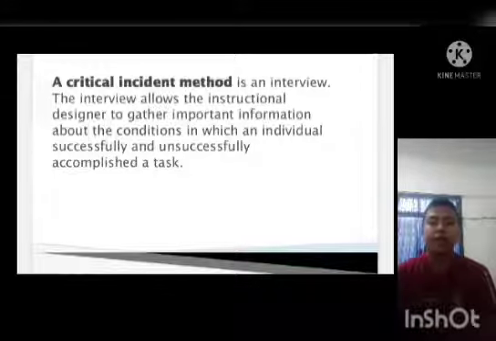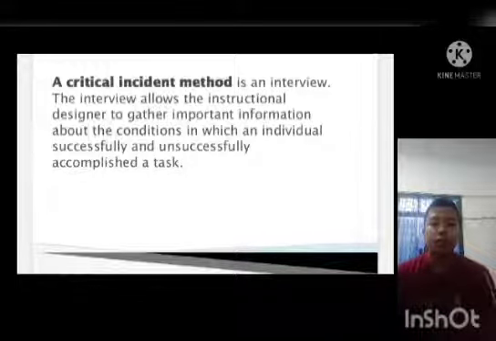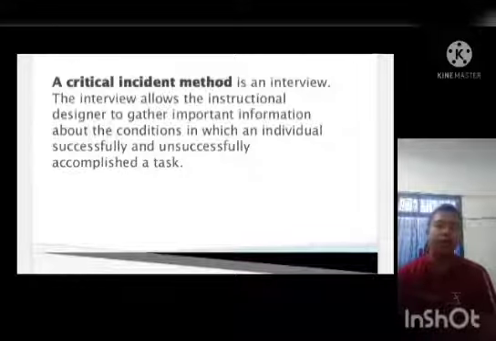Direct interviews are carried out by meeting directly with people who have the information needed, while indirect interviews are carried out by meeting other people who are deemed able to provide information about the condition of the person whose data is needed.